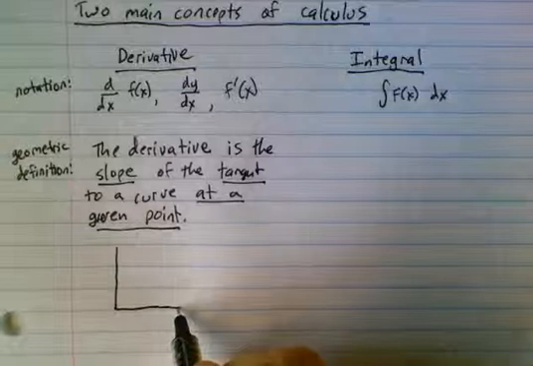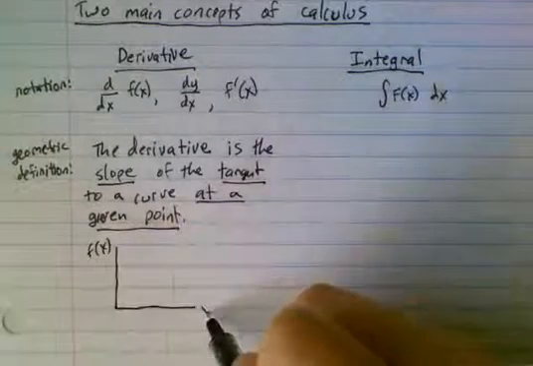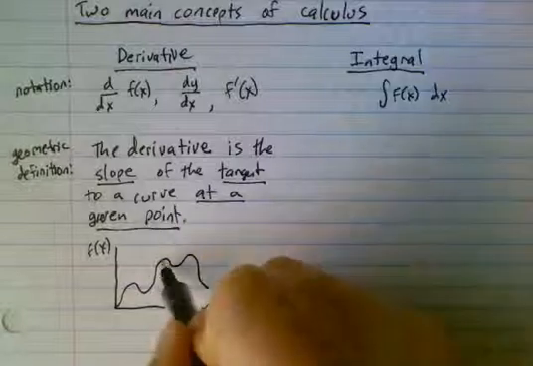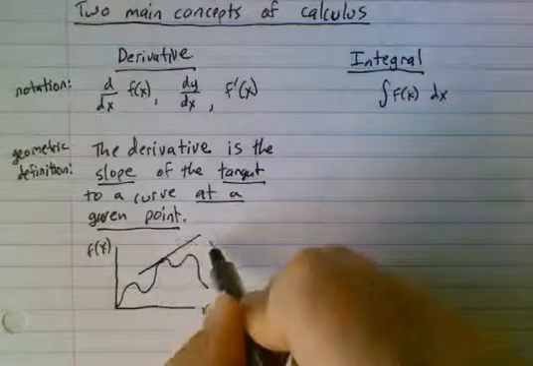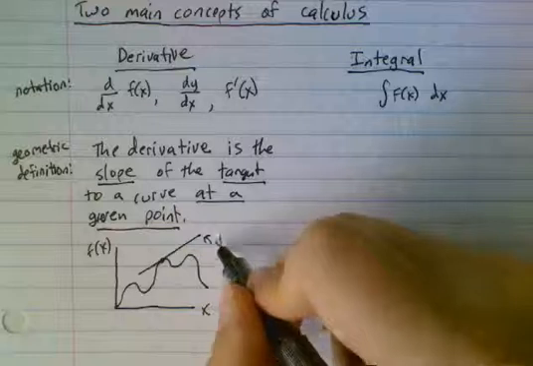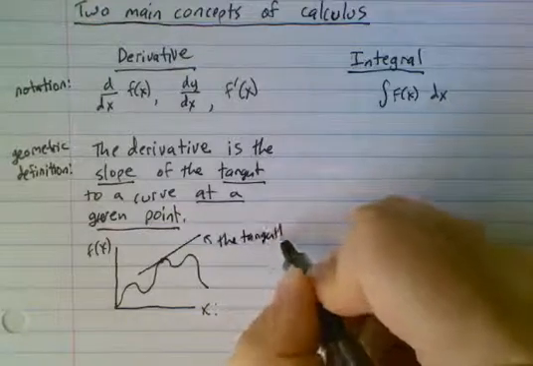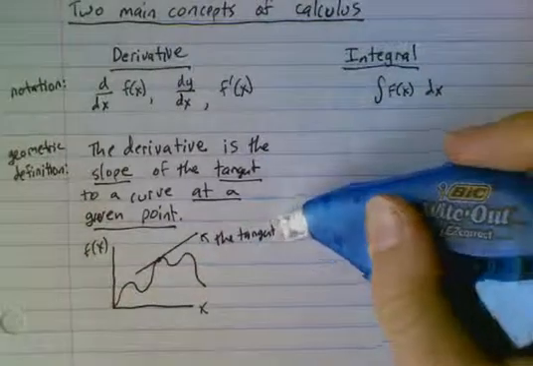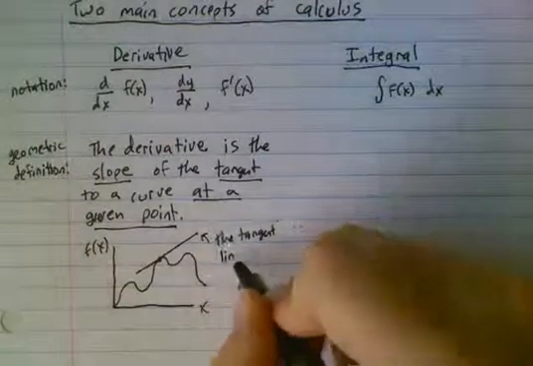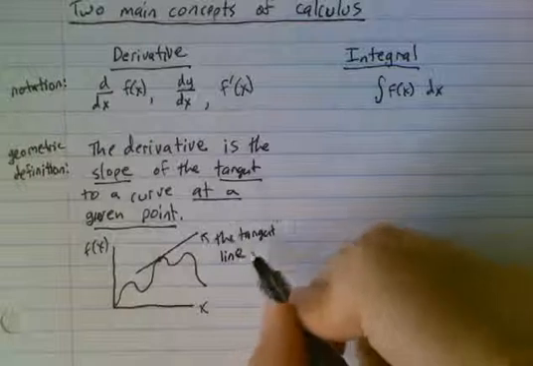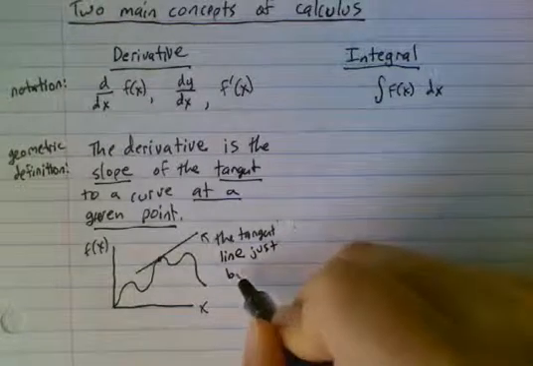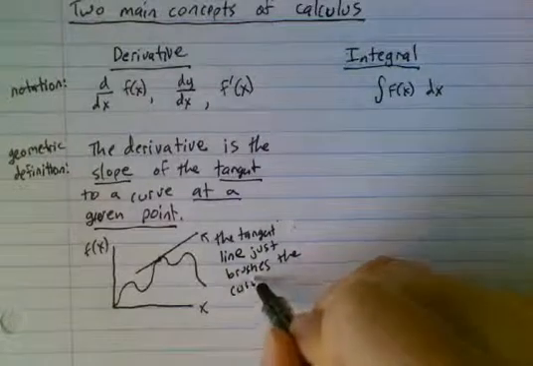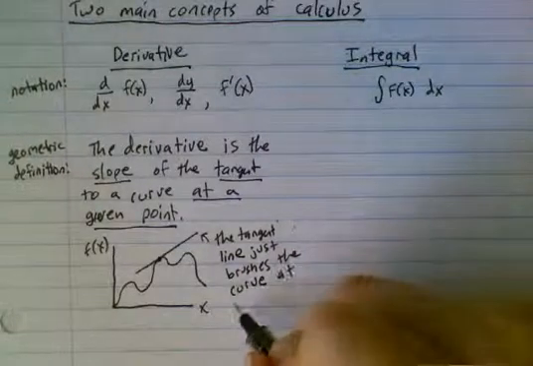So to draw a picture of that, this is f of x, this is x. We have some funky little curve here. The tangent line, separate that out so you can see it a little better, is the line that just brushes the curve at the given point.